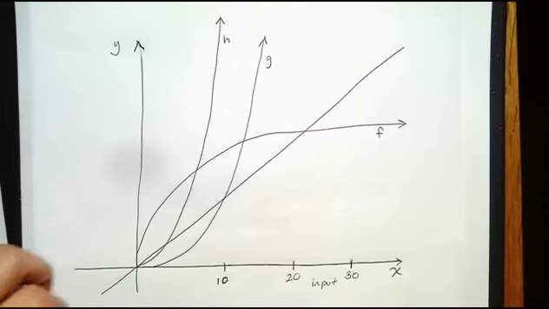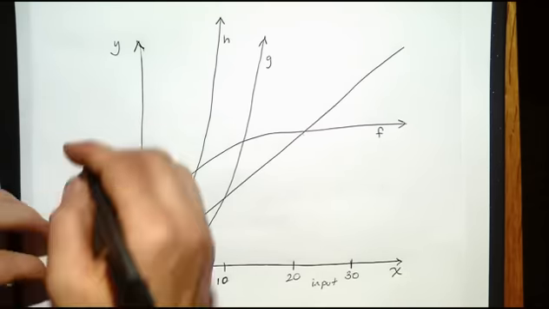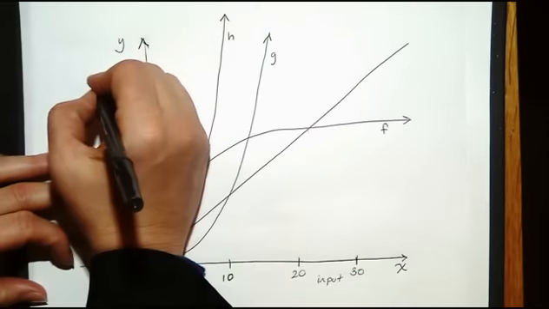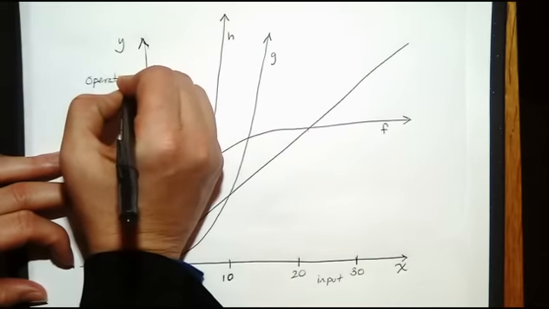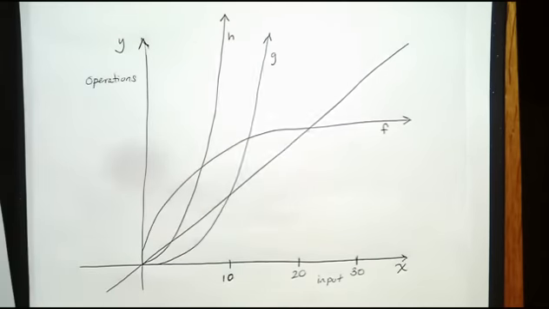The y-axis is how many operations have to be done, that is, how many times I give a command to the computer and have to do something for the number of inputs.